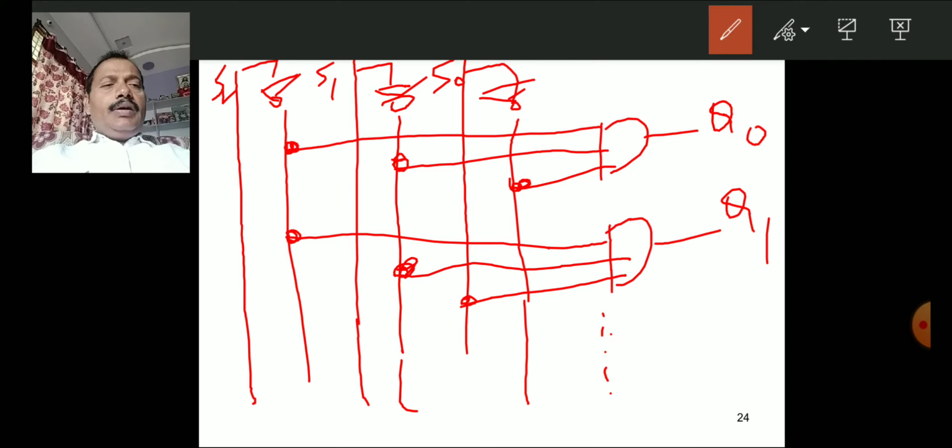For all other outputs you draw the gate circuits. Q0 to Q7. So the total circuit I have shown you in the diagram.